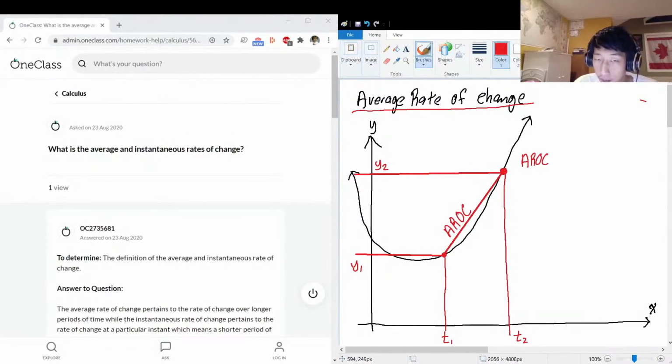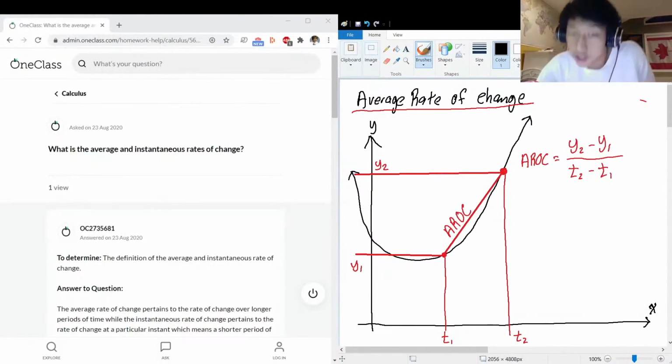You'll do y2 minus y1 over t2 minus t1. Okay, and that seems very reasonable. You're just finding the average rate of change from those 2 points. You're just looking at the start and the end. If we were to have an average rate of change between them, what would it be? It would just be the slope.